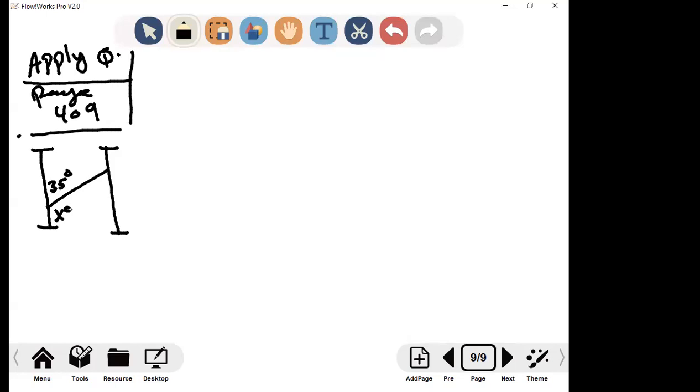So we have two angles here. This angle and this angle, right? This angle down here is x. This angle here, 35 degree, okay? Done? Familiar graph? Yeah. Now angles shown.